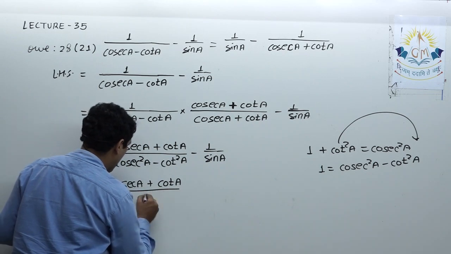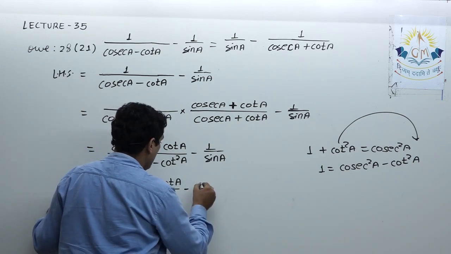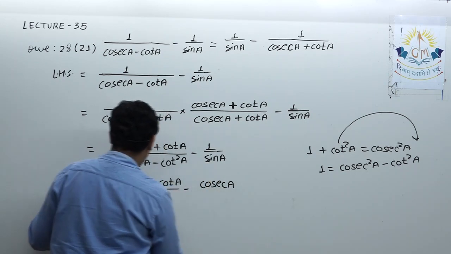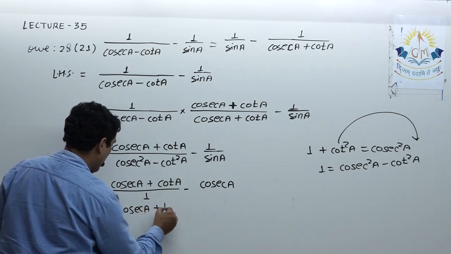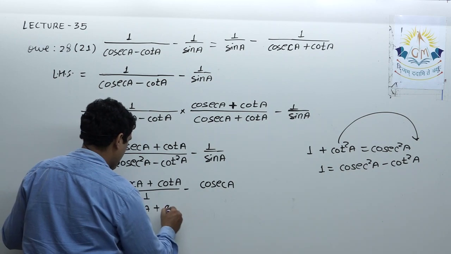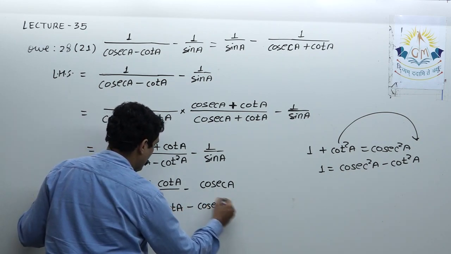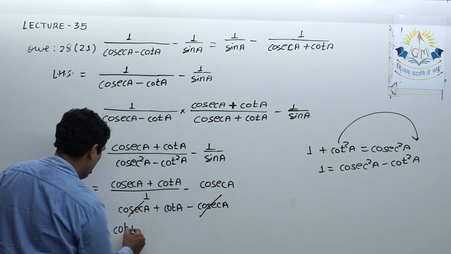Okay, so divided by 1, minus 1 upon sin A. So this 1 upon sin A I write as cosec A. So ultimately what I have over here is cosec A plus cot A minus cosec A, isn't it? Minus cosec A plus cosec A cancel, so here I got cot A.